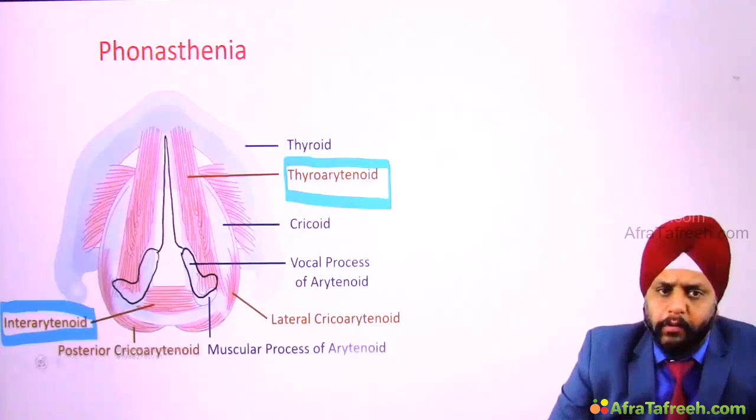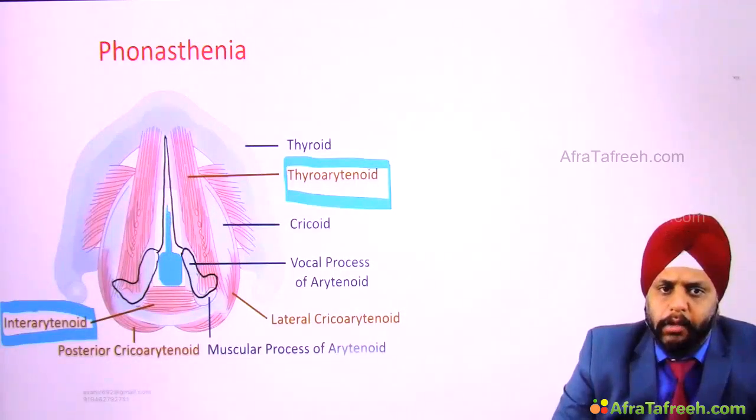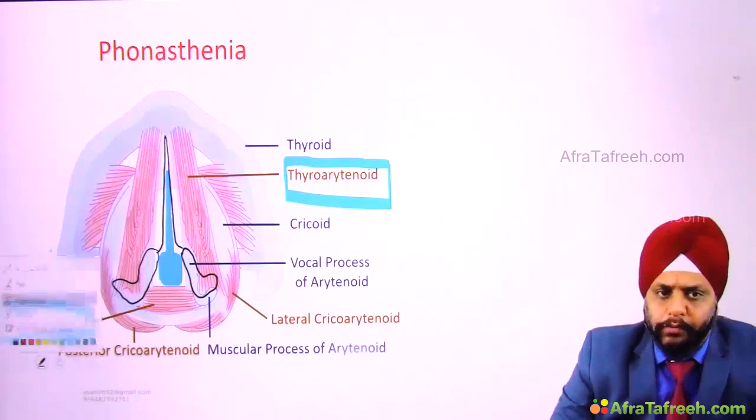As a result, between the two vocal folds on trying adduction, there is a gap, and as I am drawing, this gap is in the shape of a keyhole.